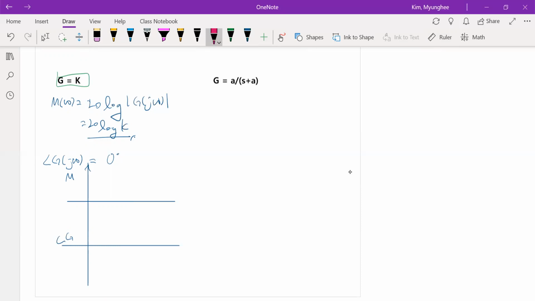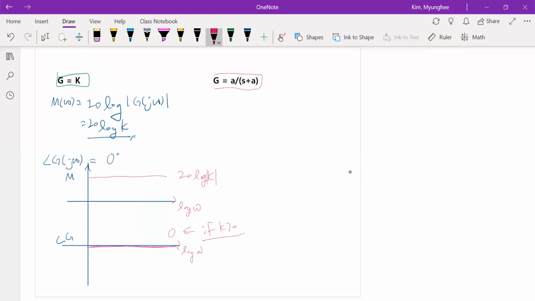The axis is log omega. The magnitude will be simply 20 log K, and then the angle will be 0, where gain K is larger than 0.